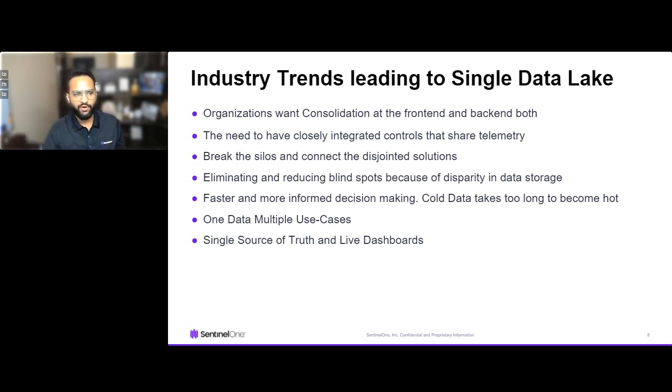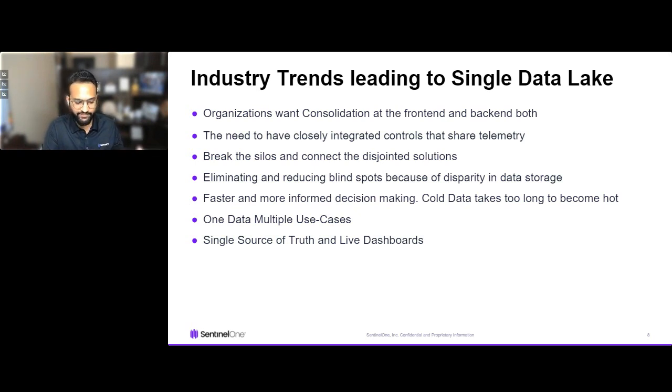So right now, organizations are not only looking at consolidation at the front end, at the UI, but they're also looking at consolidation at the back end, where all the data coming from different places can be stored in one place, so that data analytics can be performed on it. So it's not that they are only looking at integrating the workflow at the UI level, but they are very much looking at the back-end level.